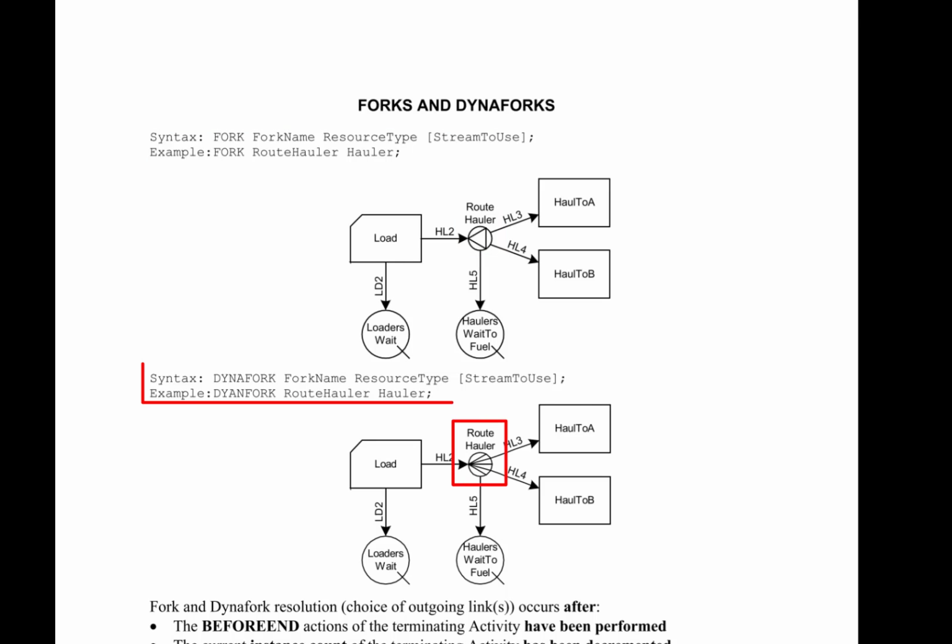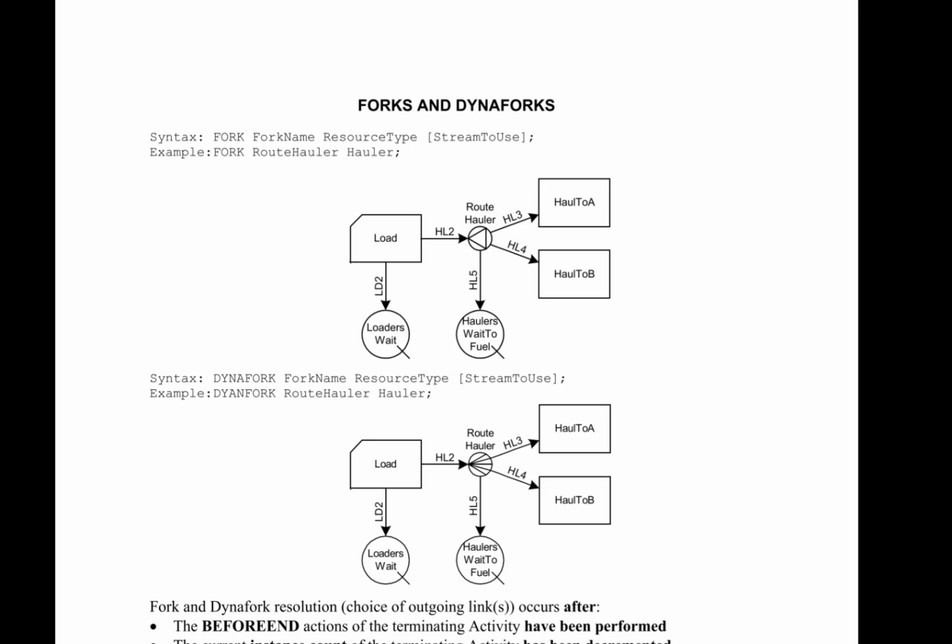A Dynafork is defined similarly. In this case, we use the Dynafork statement, followed by the name of the fork, followed by the resource type, followed by the optional stream to use. In a similar figure, the Dynafork route hauler can be defined by the statement Dynafork, route hauler, hauler.